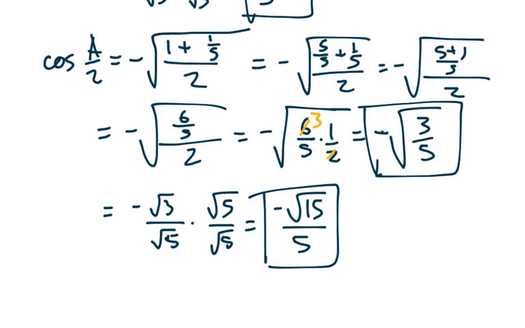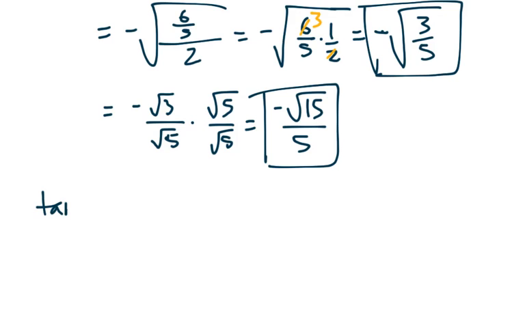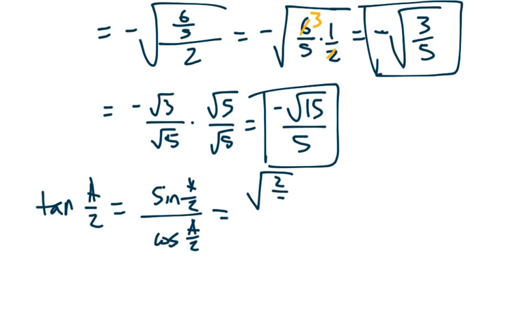Now there's a tangent half-angle formula, but it's usually much easier to just say sine over cosine. So tangent of a over 2 is sine of a over 2 over cosine of a over 2. Sine, which was radical 2 over 5, and cosine, which was negative radical 3 over 5.